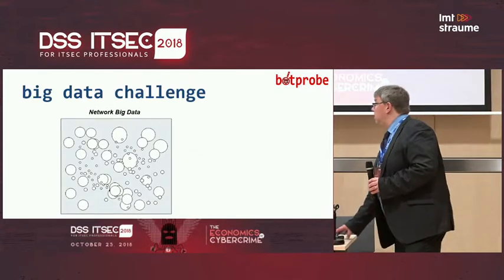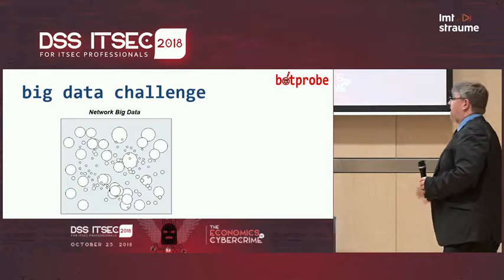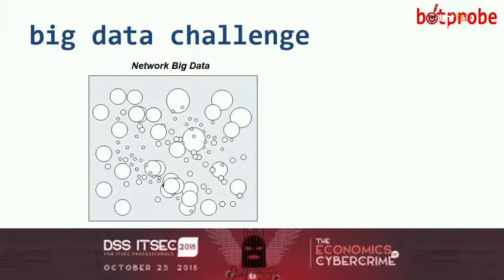So in essence, what is it that we're doing? If you think of all the data that you capture from a network perspective, often what you're looking for is obscured. So it becomes a classic big data problem. What we're doing is providing the solution to say, okay, we can help you narrow the focus to identify where the threat is.